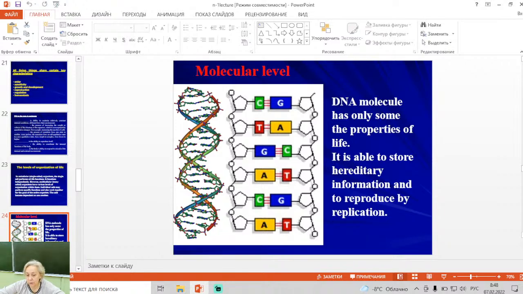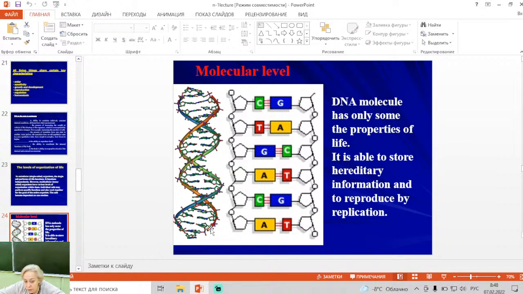The first level of a multicellular organism, the molecular level. For example, a DNA molecule has only some of the properties of life. It is able to store hereditary information and to reproduce by replication. On this slide you see a DNA molecule.